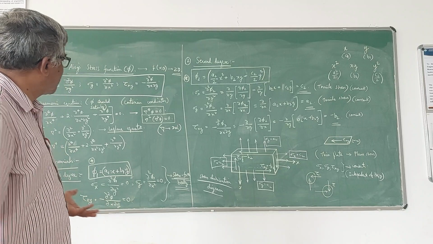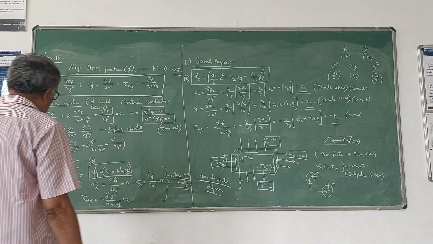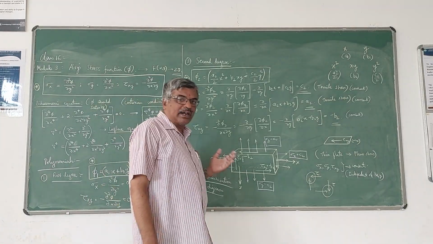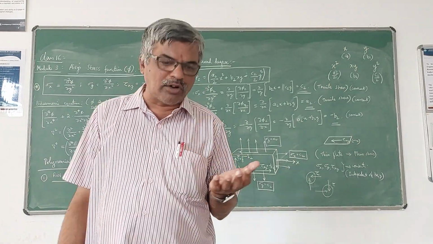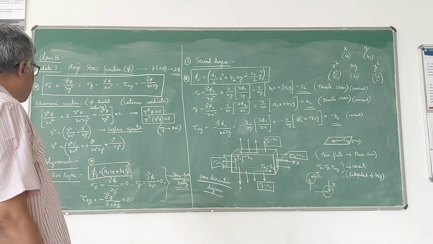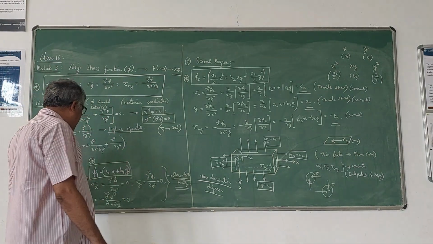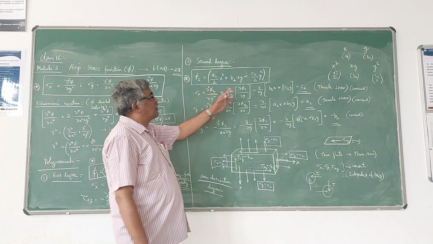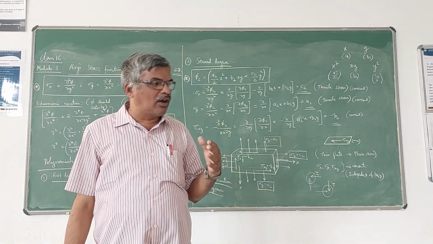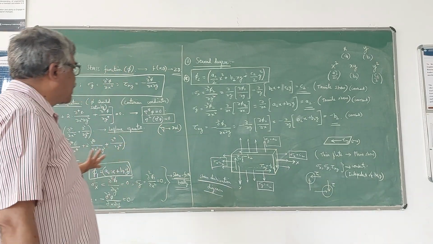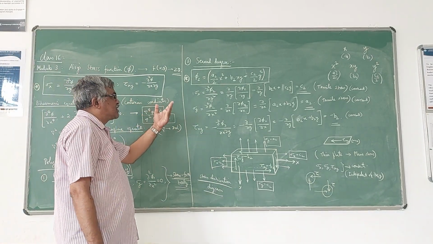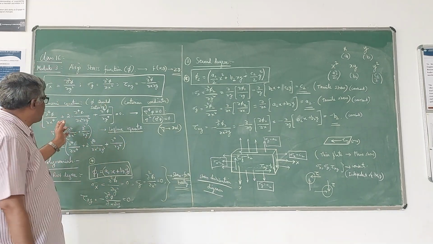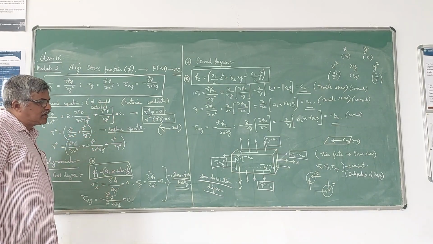Automatically it satisfies the biharmonic equation. So your first degree, second degree and even third degree polynomials automatically satisfy the biharmonic equation, because they have only x to the power of 1, y to the power of 1, x squared, y squared terms, and if you differentiate four times, all the coefficients vanish, and the LHS, if you add all these 3 terms, becomes 0, and the RHS also becomes 0.